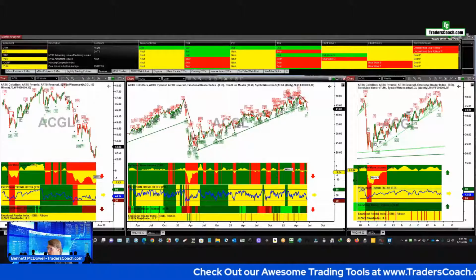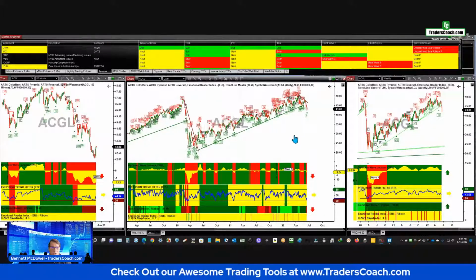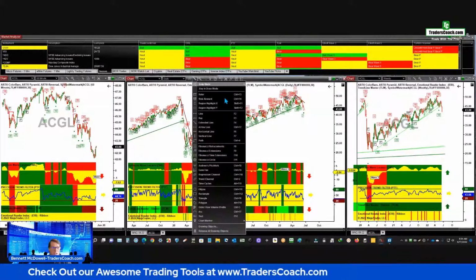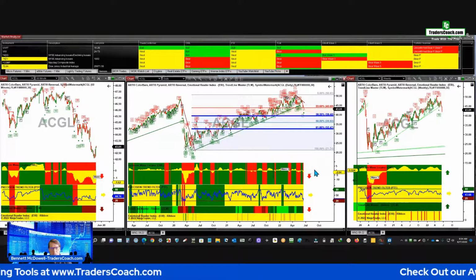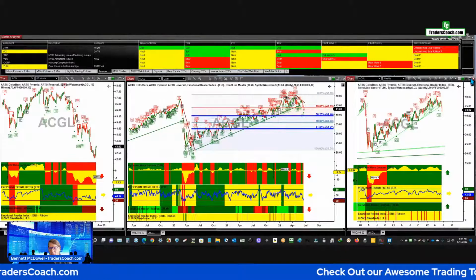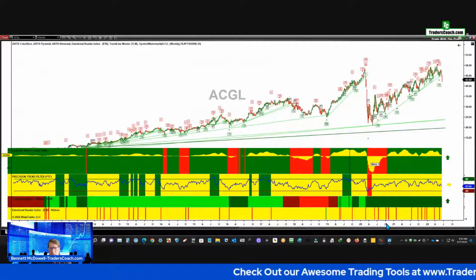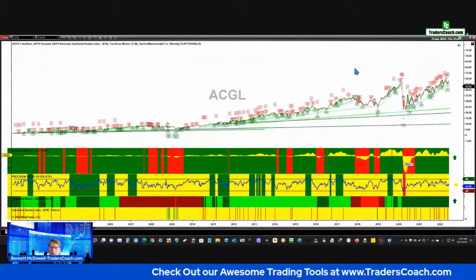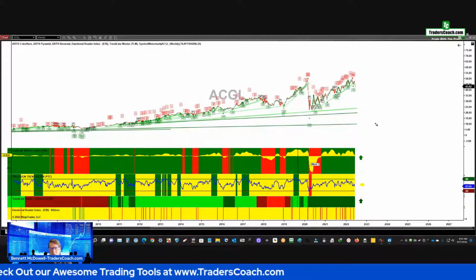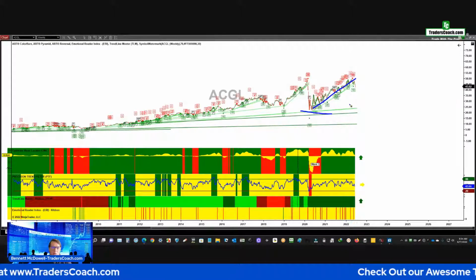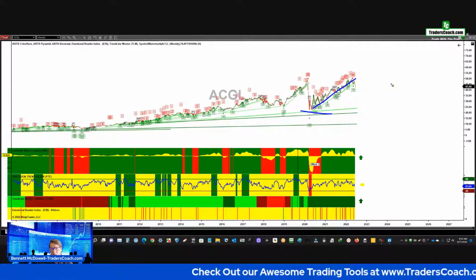Okay, so let's take a look at this and see where a retracement on this level could be. But let me take a look at the long-term chart and see if that doesn't mimic more the Dow. Yeah, I think at this particular point, you've got to be really careful here. Here's the COVID low. Very similar to the Dow, but we do not have a red PTF on the weekly chart.